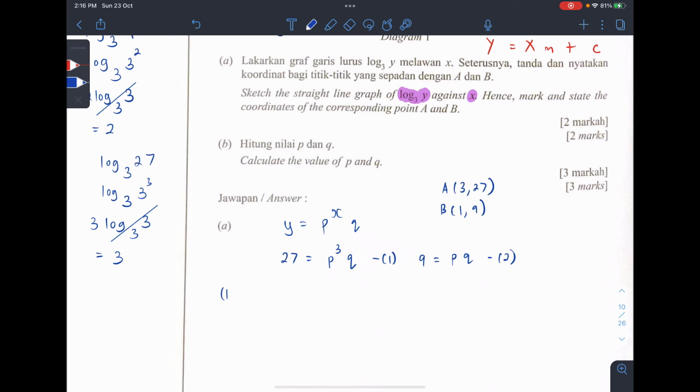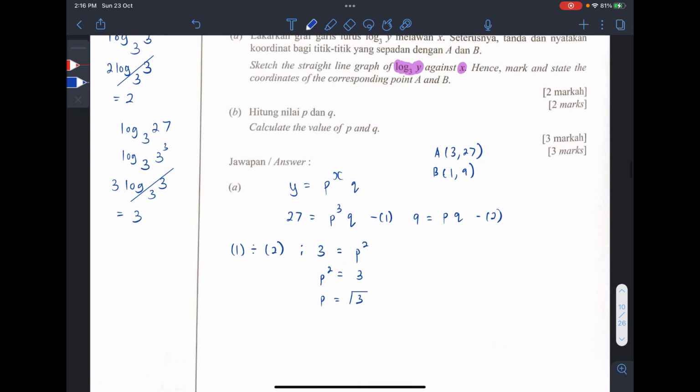So 27 divided by 9 will become 3, okay, equals p cubed divided by p, you will get p squared, and q divided by q, it's pretty much gone. You cancel that out. So you're going to get p squared equals 3, and you're just going to get p equals square root of 3, right? Because you want to get rid of the square. So if you want to get rid of the square, you must square root.